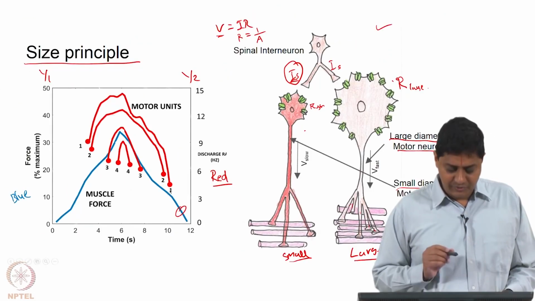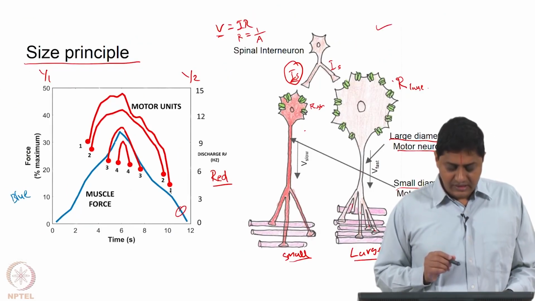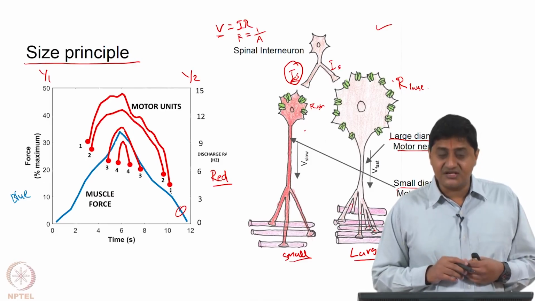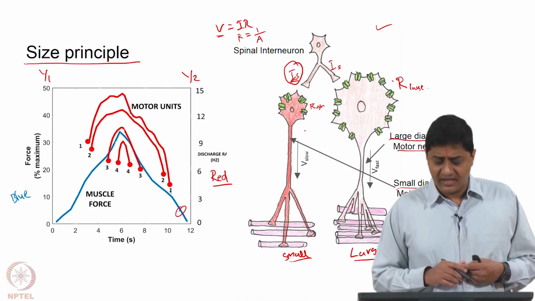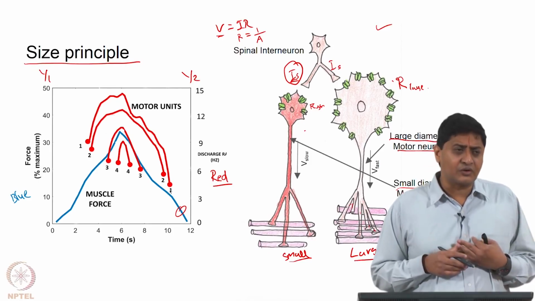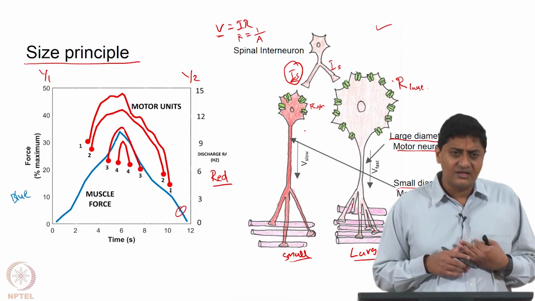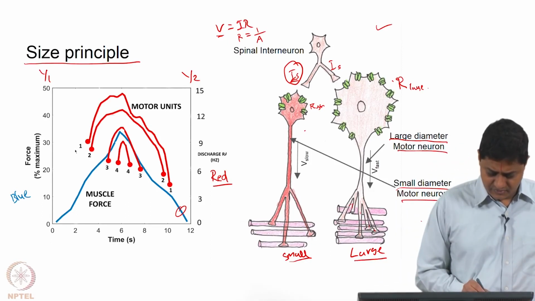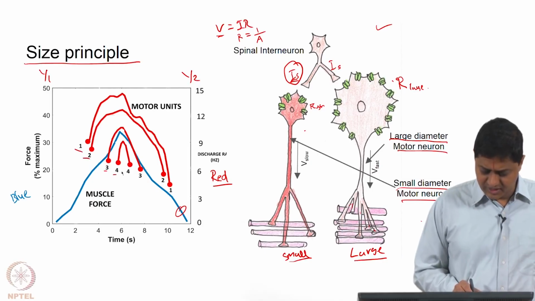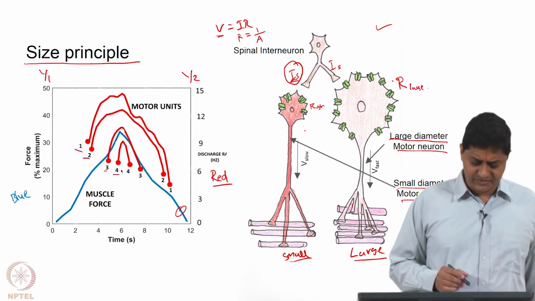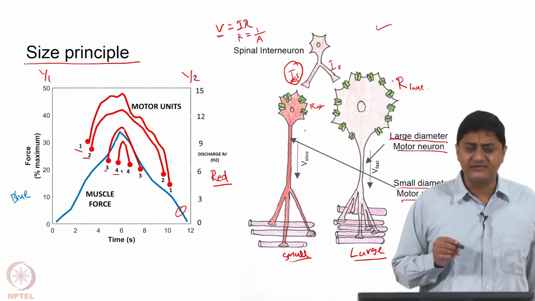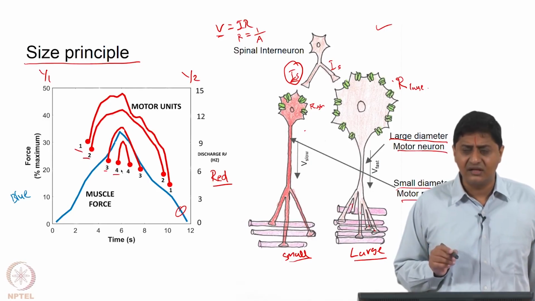Let us say I have recorded the activity discharge rates of some motor units. Actually there are multiple motor units that are recruited to produce this force. Let us say that I have measured the activity of 4 different motor units. I am going to call these motor neurons M1, M2, M3, M4. How could you measure their activity?